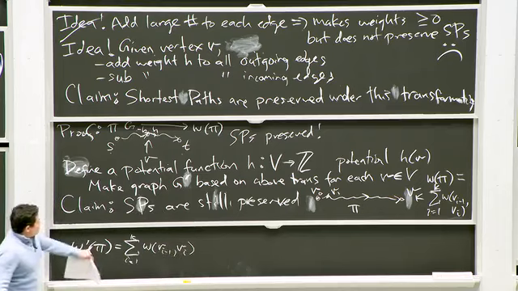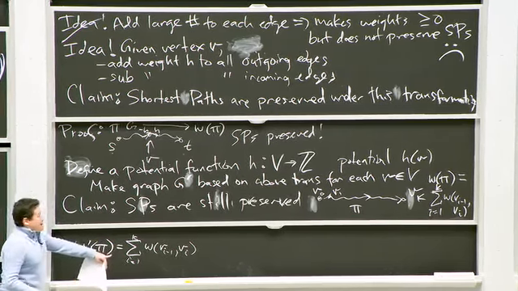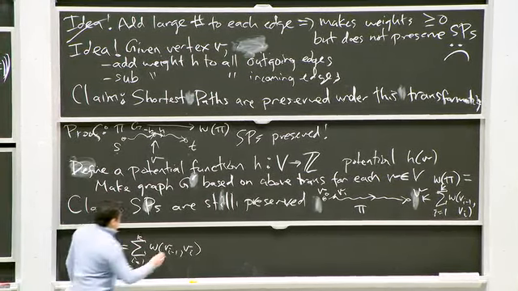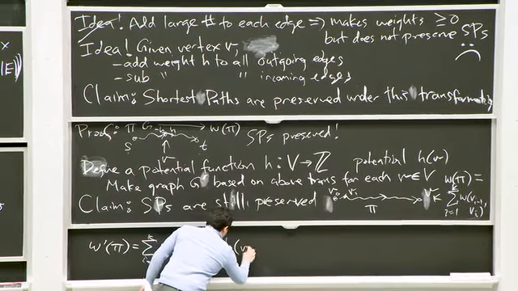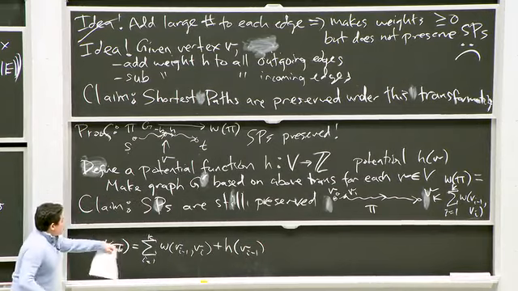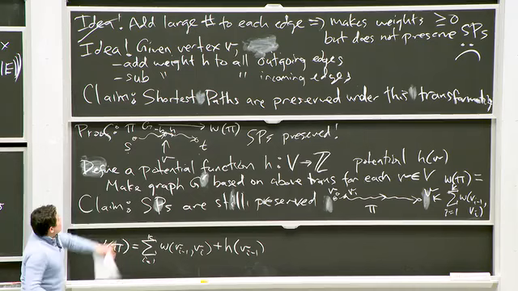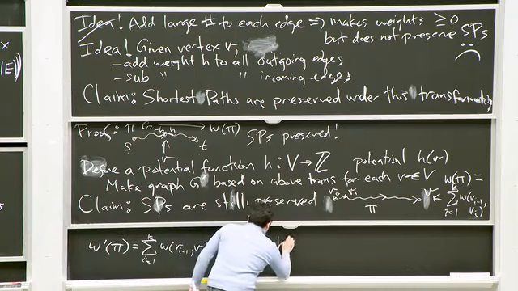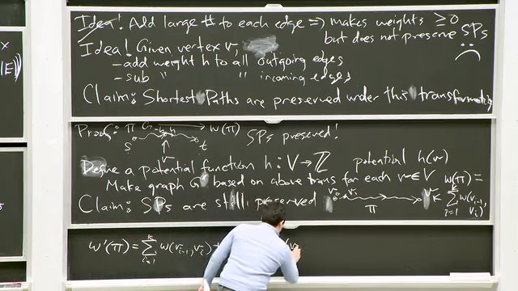But what did I do? This edge is outgoing from Vi minus 1, so it's outgoing, so I add that potential, sorry. But that edge is also incoming into Vi, right? So when I reweighted the thing, I got a subtraction of h Vi.